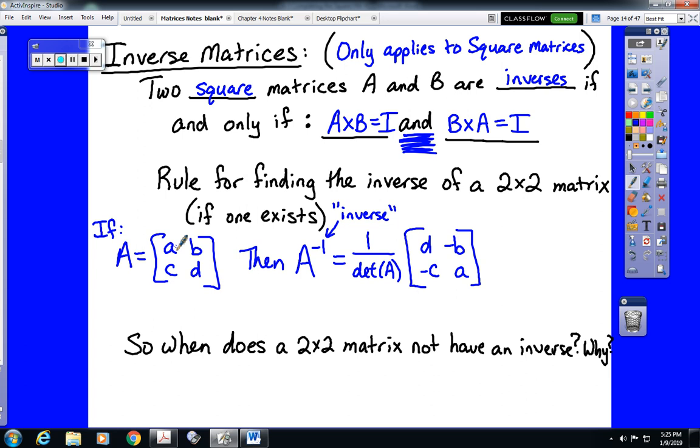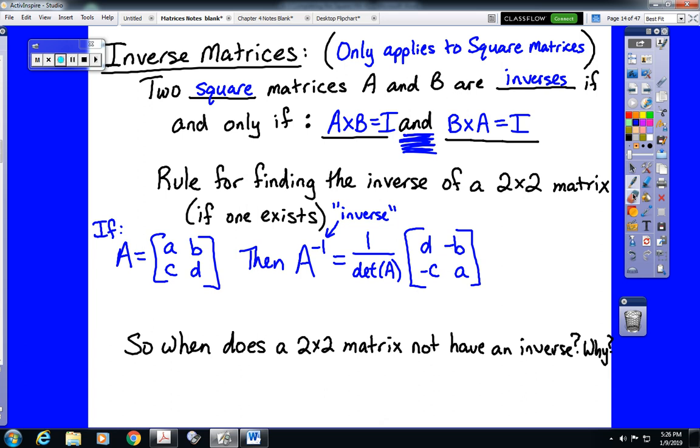So we do 1 over the determinant of A, which is why we did the determinant first, times, and we switch. Notice the top left and bottom right have switched locations, and the top right and bottom left have their signs changed, but do not change locations.